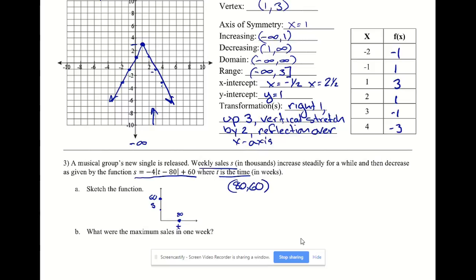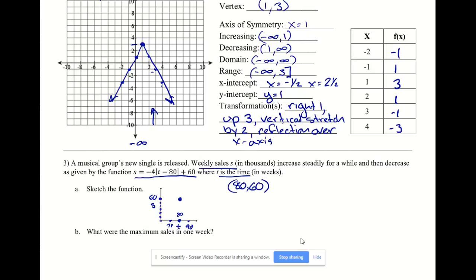So we can do 30, 40, 50, 20, 10, 0. And those come in handy in a second. So we come up to 60, 80, or 80, 60, sorry. Draw our vertex. And now our slope is -4. If it's -4, for each 1 to the right, it's going down 4.